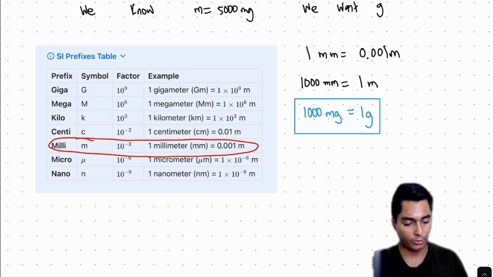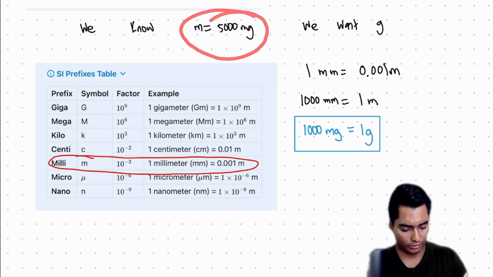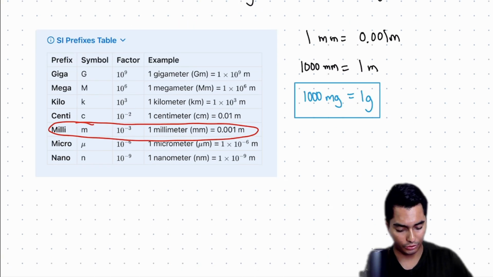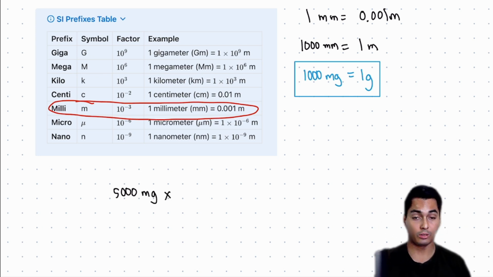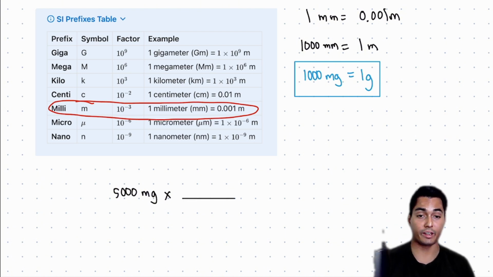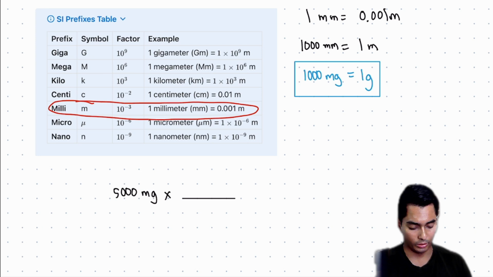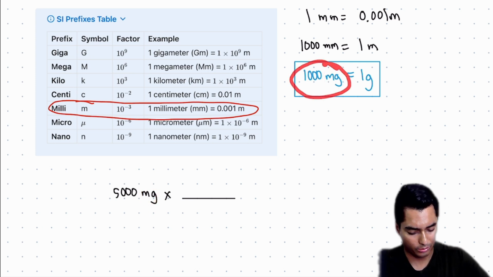Okay, and then now we're going to multiply out our values. We start with our 5,000 milligrams. And the next question is, do we multiply or divide? Ooh, that's the tricky part. Okay, and you don't have to guess. The way we know is we want to cancel out milligrams right here, right? So I'm going to take the unit that we have, 1,000 milligrams.